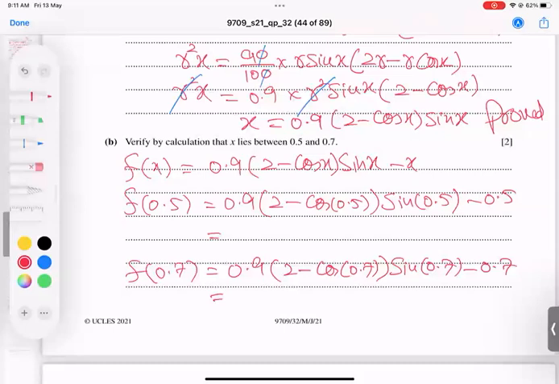I will find one by one. Okay, 0.9 times 2 minus cos 0.5 times 2 sine 0.5 minus 0.5. And I'm getting here negative 0.0156. Sign is the only thing that matters. Value does not matter, okay? Now I'm erasing everything and writing 0.7 in the place of 0.5.